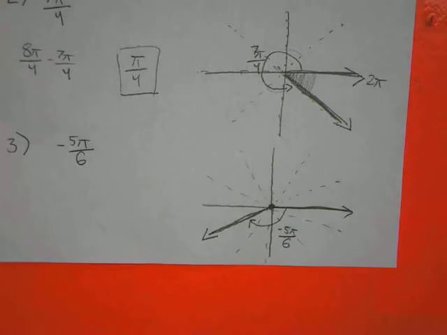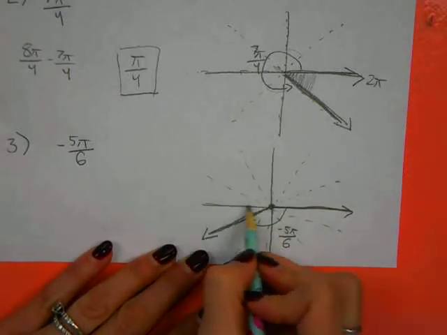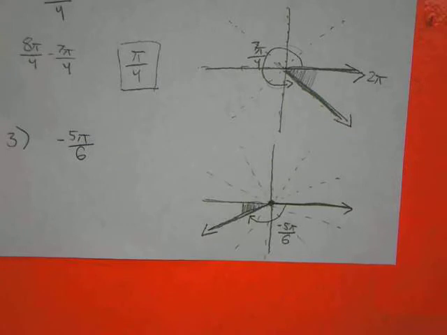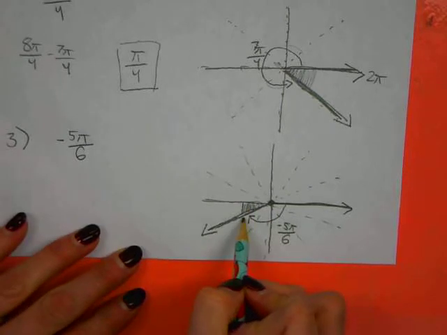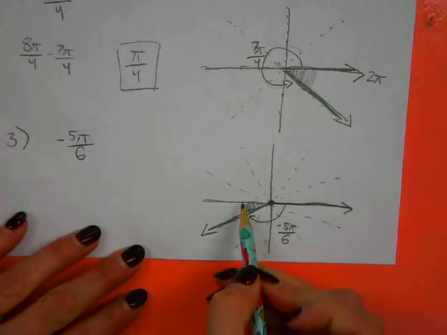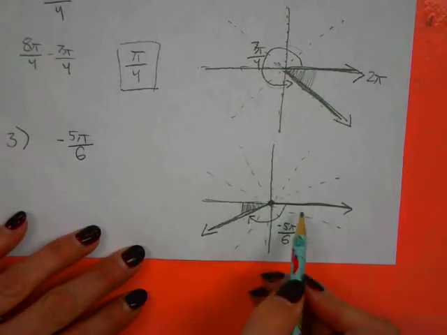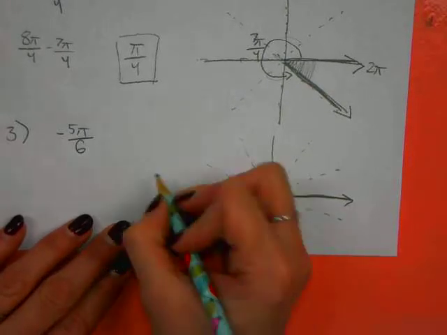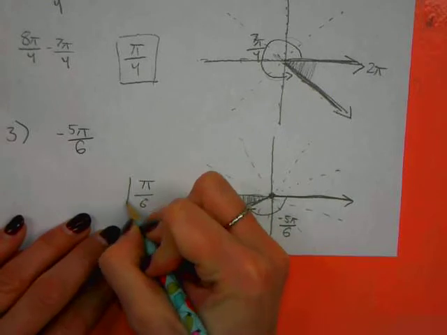Okay, so now I need to think about what is the acute angle formed with the x-axis. And again, it's going to be this part of the x-axis. So we're going to look for our acute angle right here, and we just need to find the size of that angle formed between the x-axis and the terminal side. It's one of our pieces that I've drawn around my coordinate plane, and those pieces were the size pi over 6.